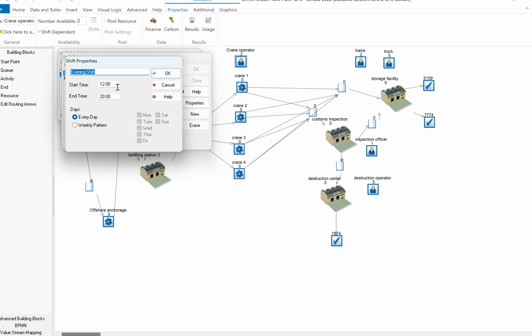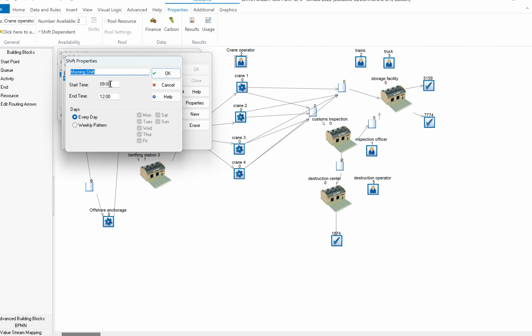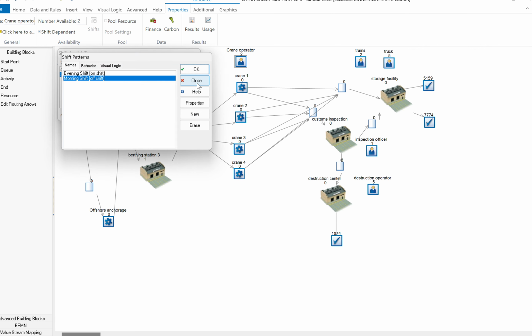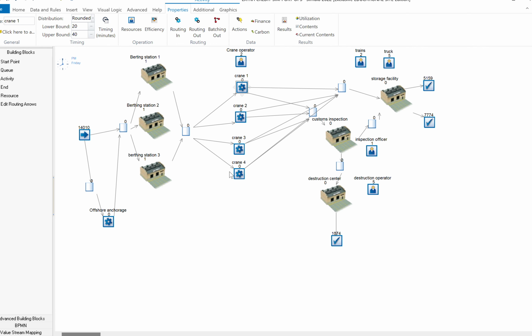It starts at 12 for the evening shift and ends at 8 p.m., and the morning shift is 9 a.m. to 12. This is between all 4. So basically during the evening there are 4 operators and only 2 operators during the morning. So at any given time during the morning, 2 of these cranes will not be working.